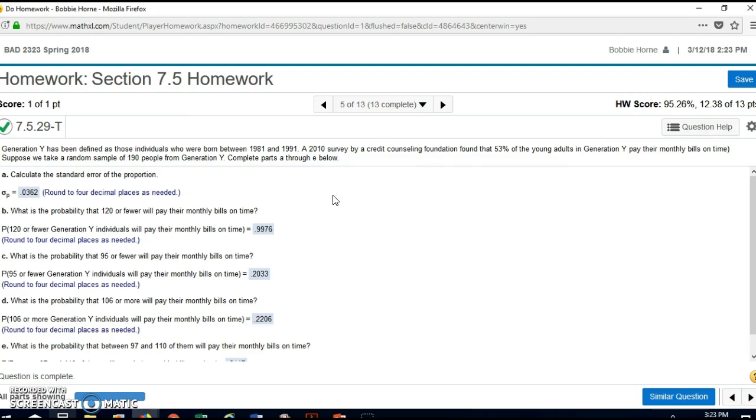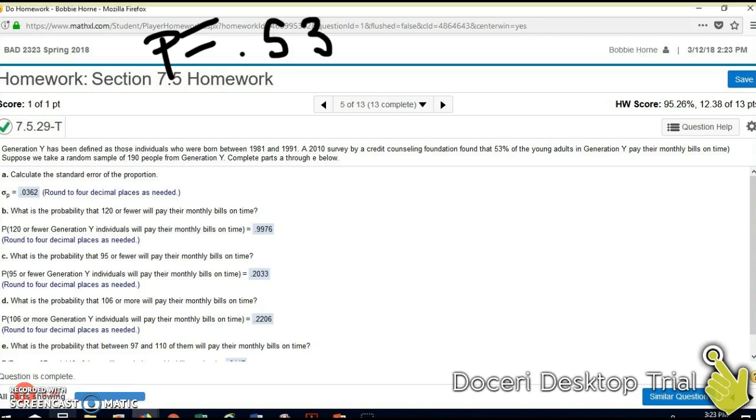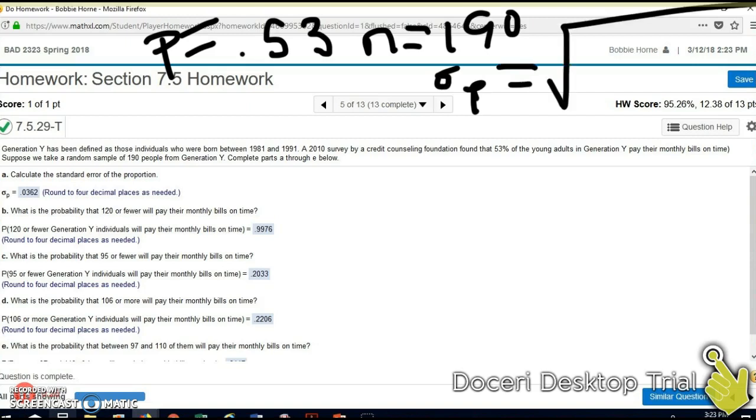So to calculate the standard error of the proportion, first of all, we know that P equals 0.53, and we know that N equals 190. So to calculate the standard error for the proportion, we would do the square root of 0.53 times 0.47 divided by 190.